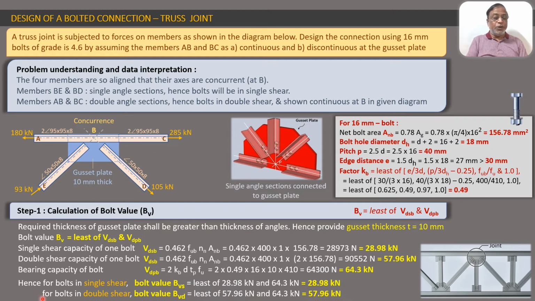So we get two bolt values, one for single shear and the second for double shear. We find that in both the cases the bearing value is greater, and that is why it doesn't come into consideration. The smaller values are the shear values only. So this was step 1, in which we calculated the bolt values for single shear and double shear.